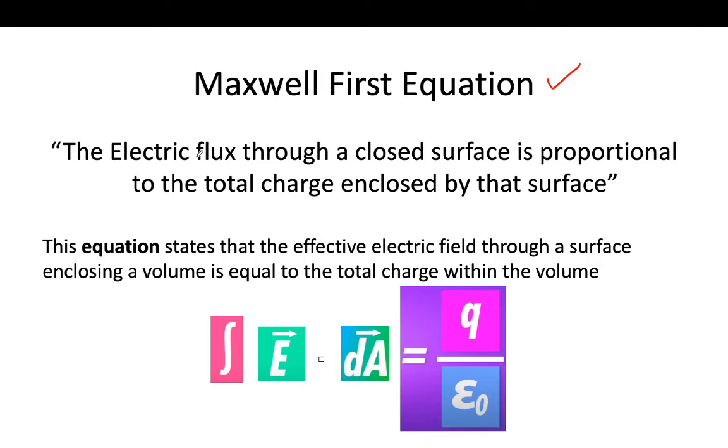The electric flux through a closed surface is proportional to the total charge enclosed by that surface. This equation states that the effective electric field through a surface enclosing a volume is equal to the total charge within the volume. So the first equation is actually related to the Gauss's theorem in electricity.